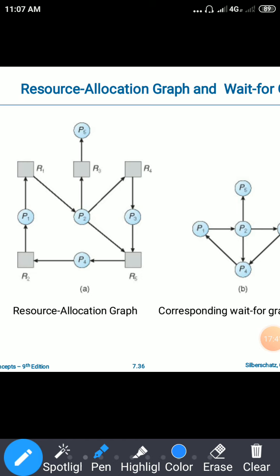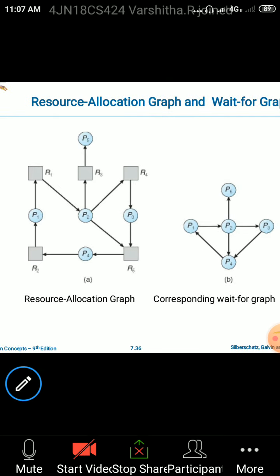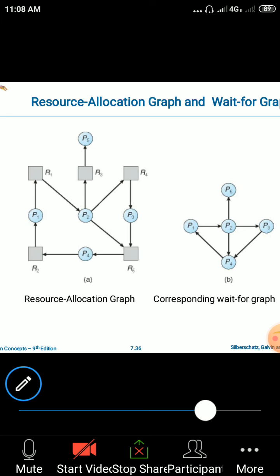Understood? Similarly you can check here. The edge from P1 to R1 and R1 to P2 is there, so there is an edge from P1 to P2. Similarly from P2 to R4 is there, R4 to P3 is there, hence there is an edge from P2 to P3. Similarly from P3 to R5, R5 to P4 is there. Then there exists an edge from P3 to R4.